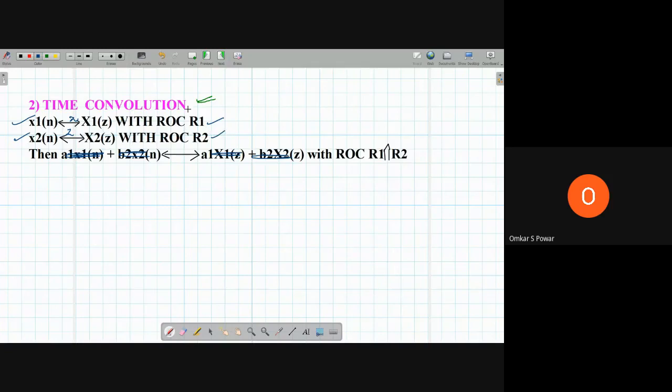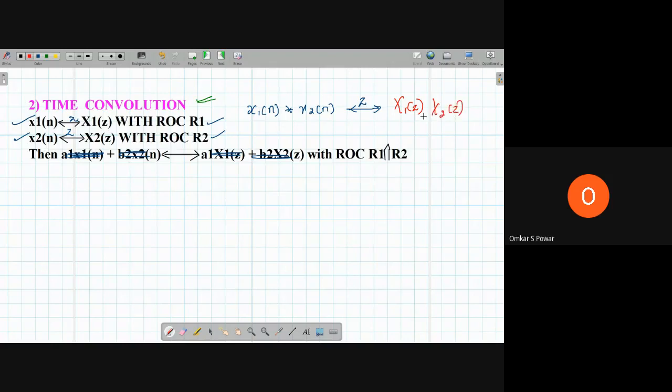Then it is time convolution. So you have to do convolution in the time domain: x1 of n convolution x2 of n. If you do convolution in your time domain, what happens in your z domain? It will be multiplication in your z domain, same as the Fourier transform. Why should it be the same?